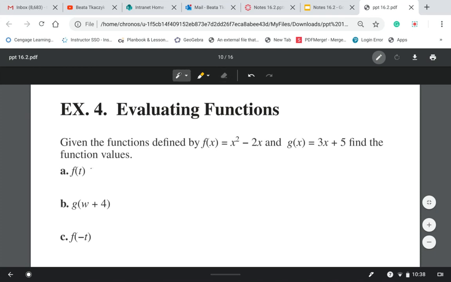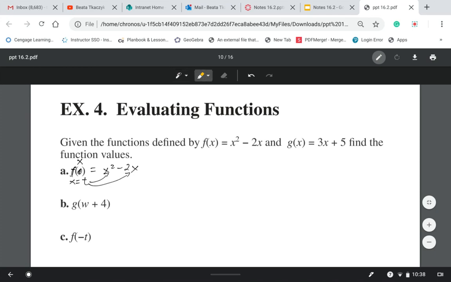So part A, you need to evaluate the function when x is equal t. So like you see, the name of the function is f. So you're going to copy the equation of function f, which is x squared minus 2x. And you're going to replace x with t. Where you used to have x, you're going to plug in t.